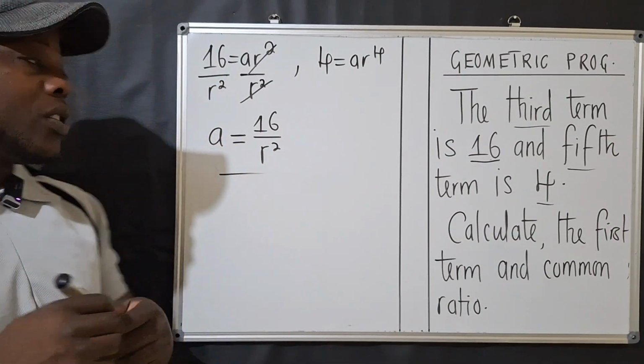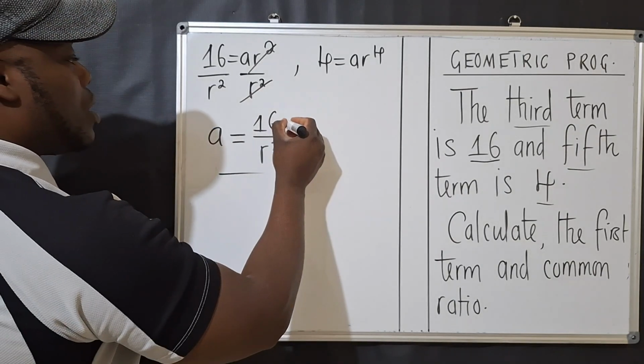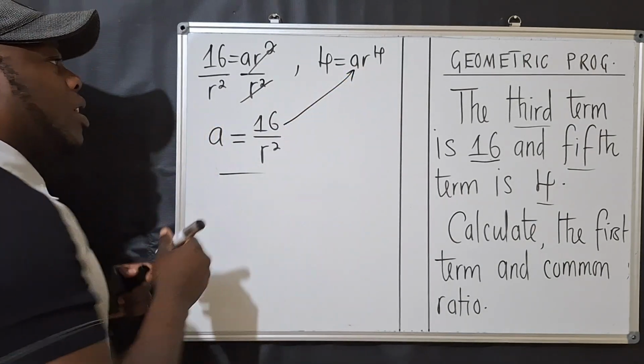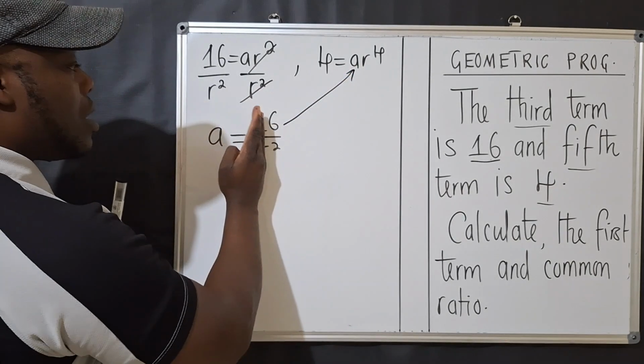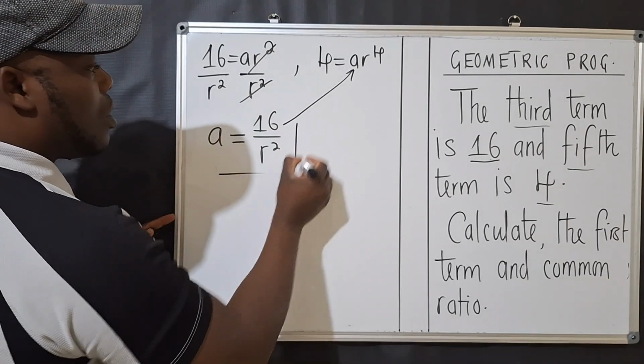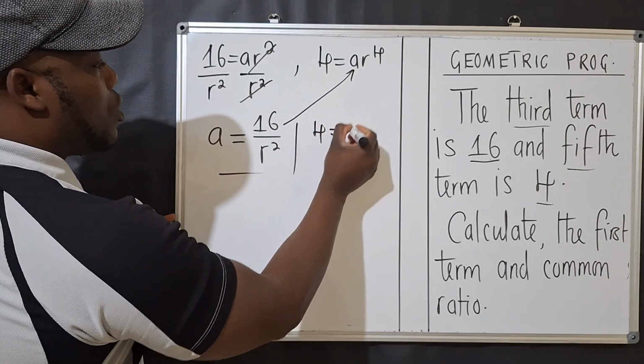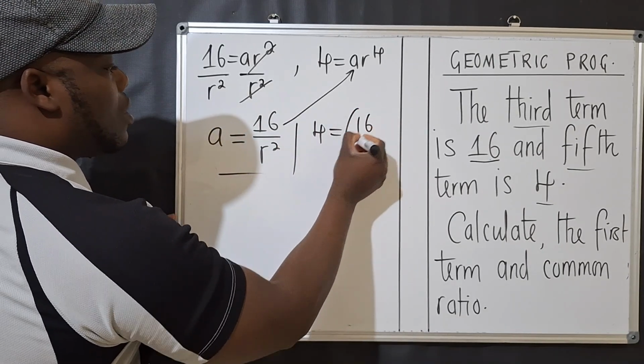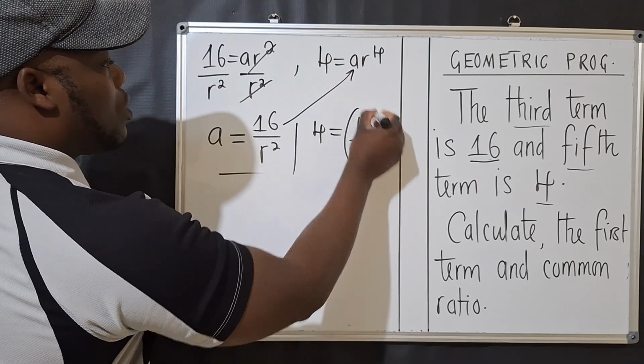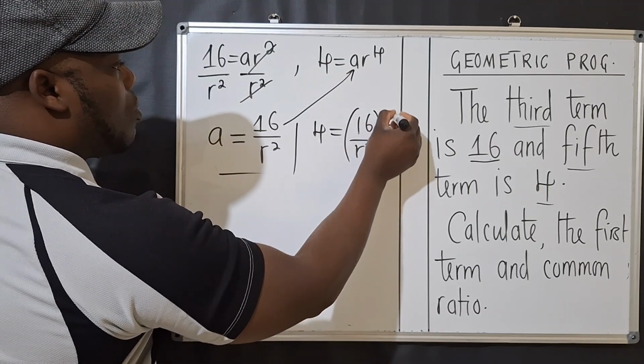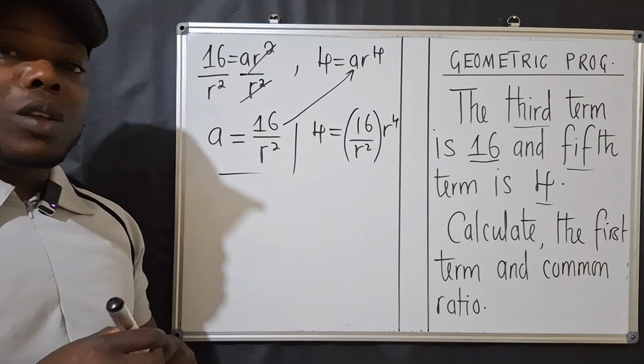And once you do that, you now go to the other equation. You see this? Where there is a there, you write this. So it will look like this: 4 is equal to, open bracket, 16 over r power 2, and then r power 4. You see what is coming?